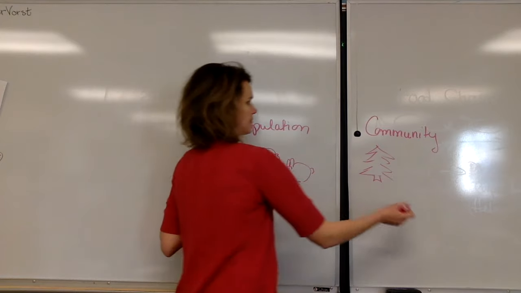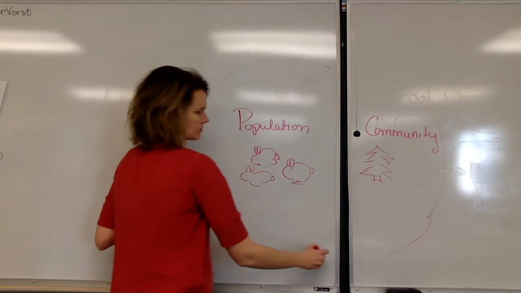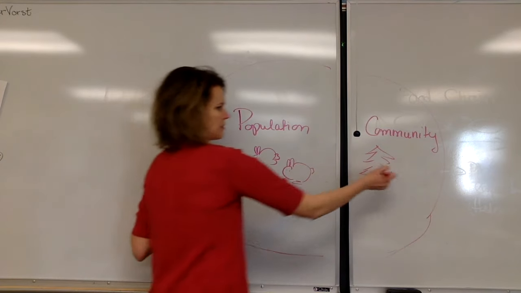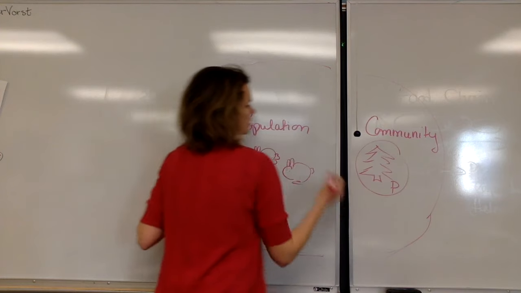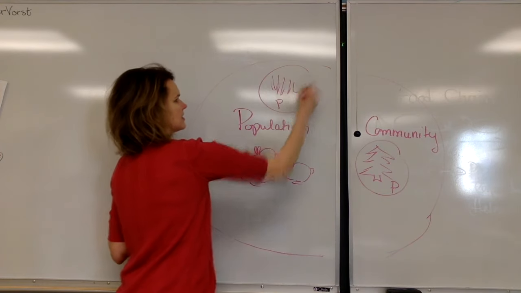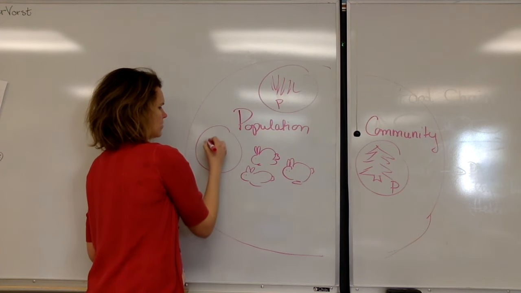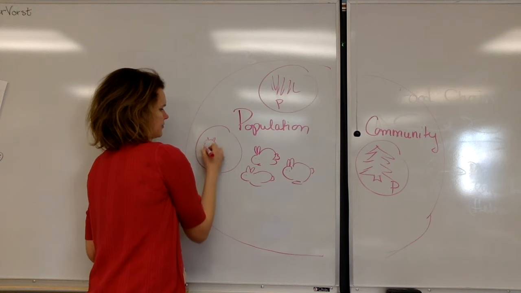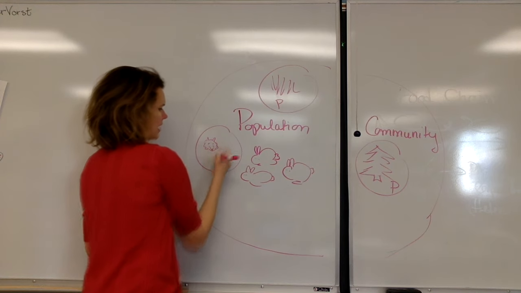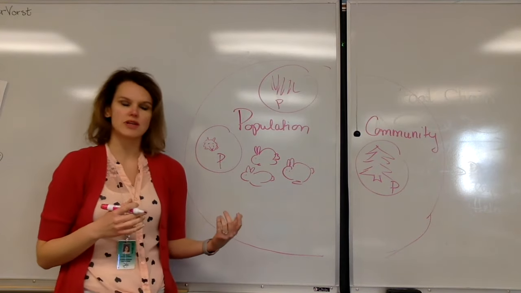So the community is bigger than the population. This whole thing is the community. This is a population. You could have a population of grass, a population of wolves or coyotes. So we have populations, a bunch of them within this big community.